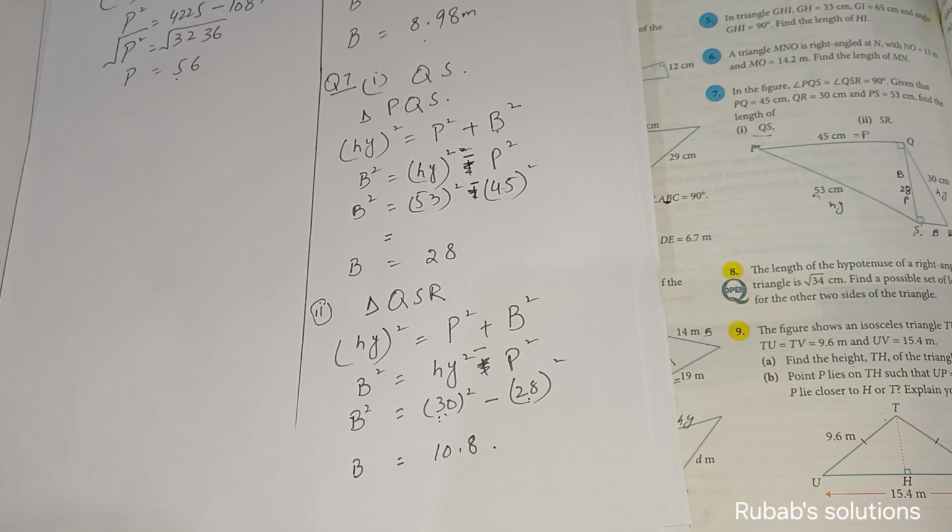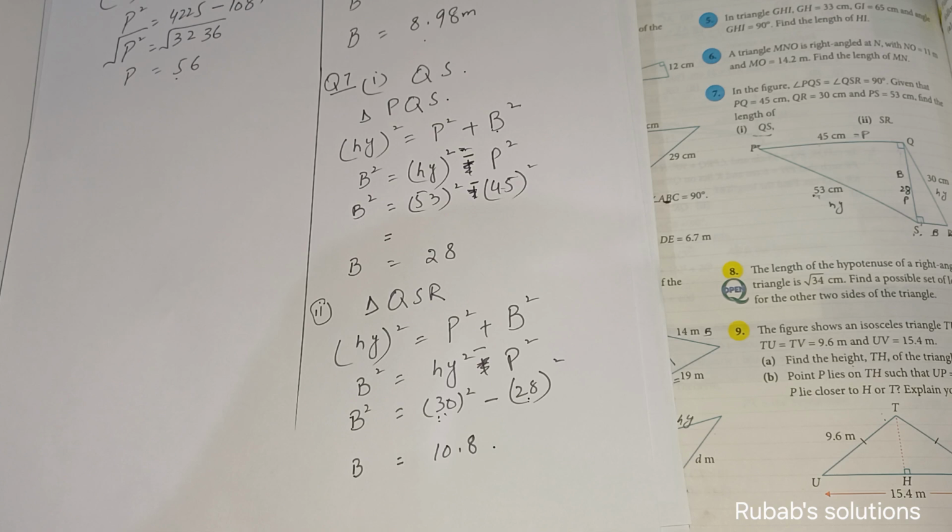When I do the subtraction and after taking the square root, I got the answer, that is 8.98. This is your answer in meters. I'm writing it directly, but you have to take the square and do the minus, and then write down the answer, otherwise your marks will be deducted in your exams.